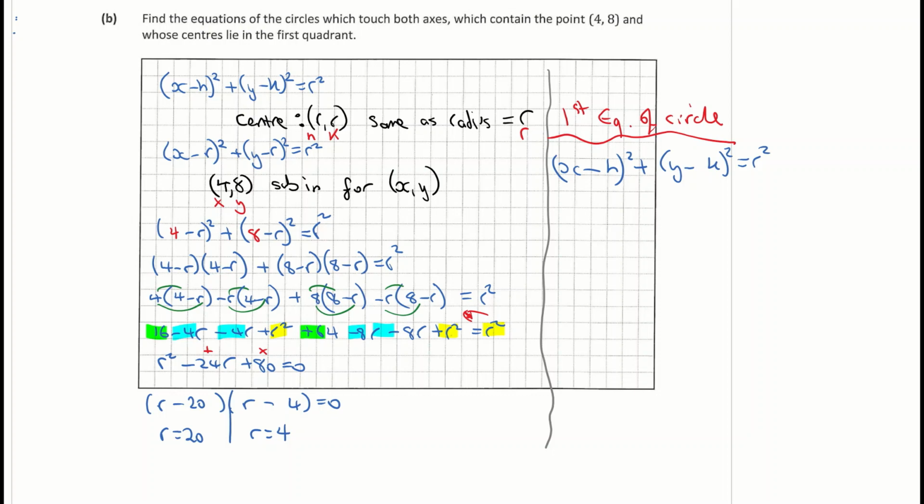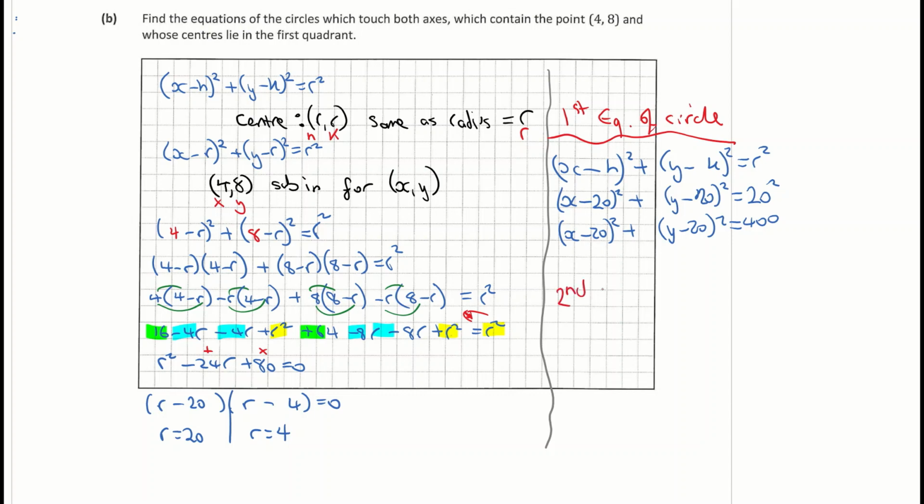And like we said, (h, k) is my center, r is my radius. So for the first circle, I'm subbing in 20: (x minus 20) squared plus (y minus 20) squared equals 20 squared. And always square out your radius. There's no need to multiply out the brackets. And that's getting 400. So that's my first equation.